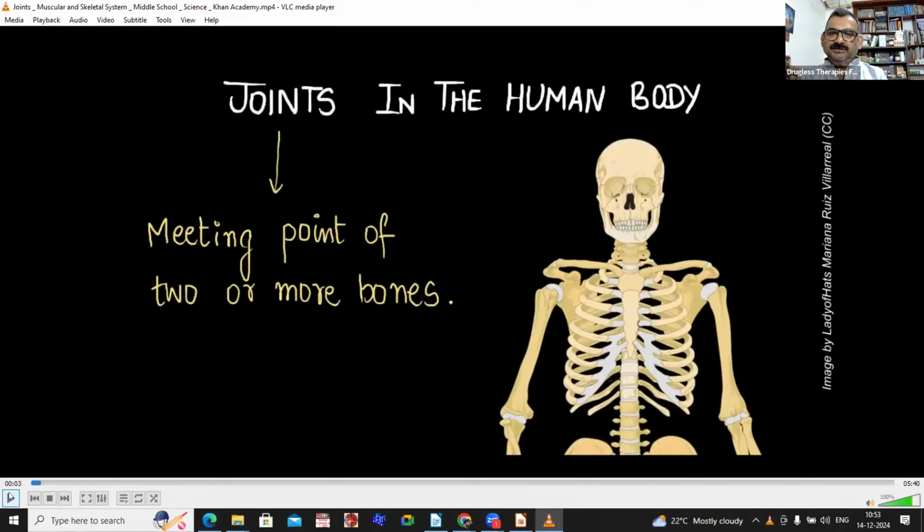When it gets affected and we are not able to move that particular joint, then the problem comes. So it is very important to know the joints of the bones and how they work. For that, we'll look into what remedies we have on the joint.